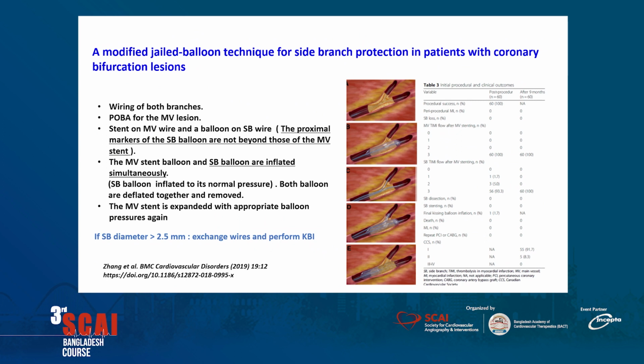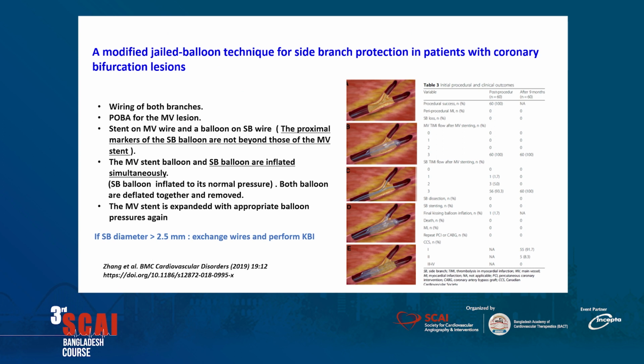There are so many modifications of the jailed balloon technique. This is the modified jailed balloon, inflating both the stent balloon and the jailed balloon together, and then retrieving the jailed balloon without any other approach.